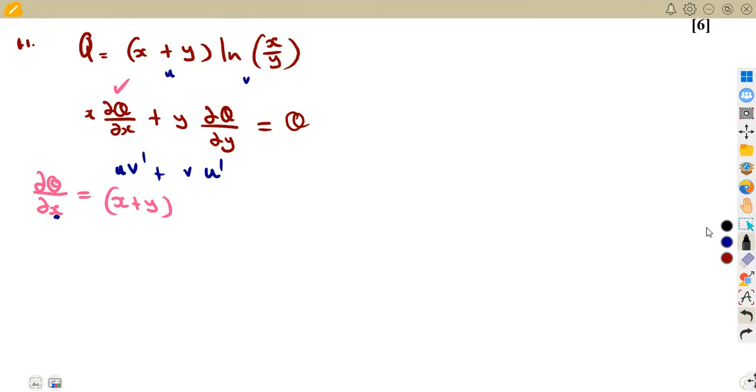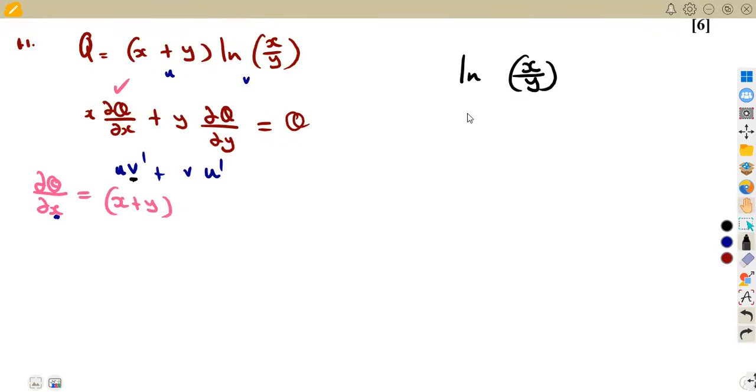For v, we are supposed to have the first derivative of v, and it's ln. So we are supposed to find the derivative of ln of x over y with respect to x. Take note, it's with respect to x, so y acts as a constant.